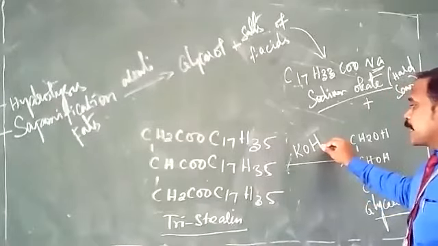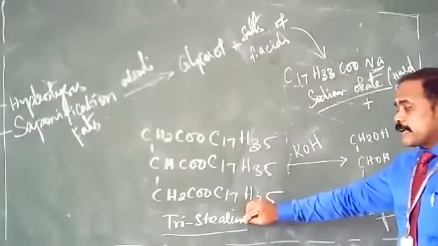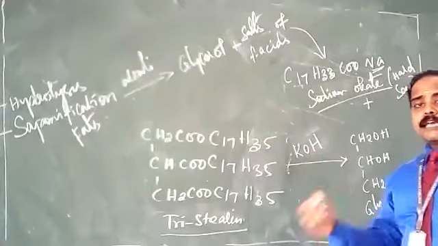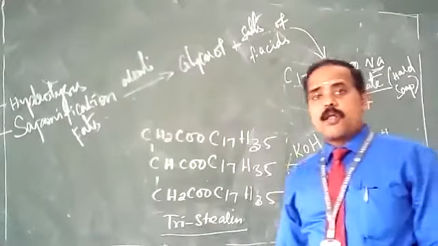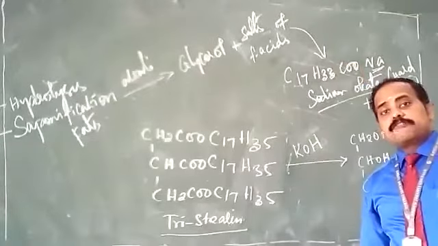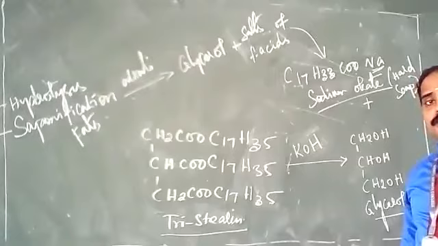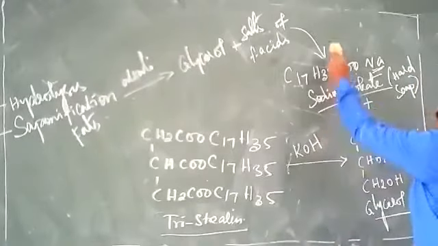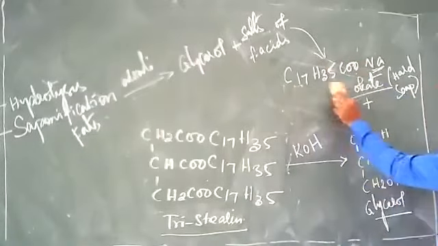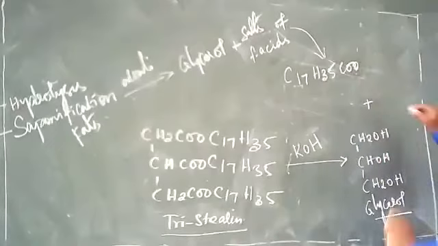The hydrolysis is mainly enhanced by potassium hydroxide, and then tristearin is hydrolyzed to yield glycerol and potassium salts of fatty acid, because potassium hydroxide is the alkali source for hydrolysis. We can write C17H35COOK along with glycerol.